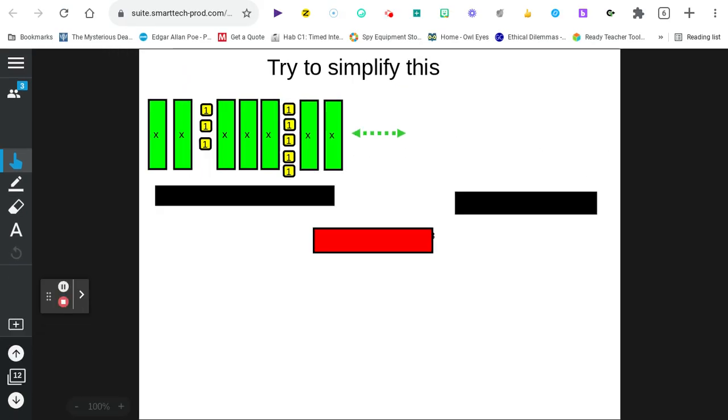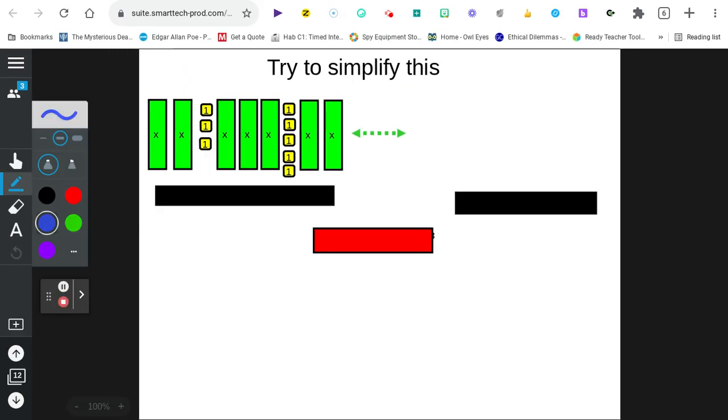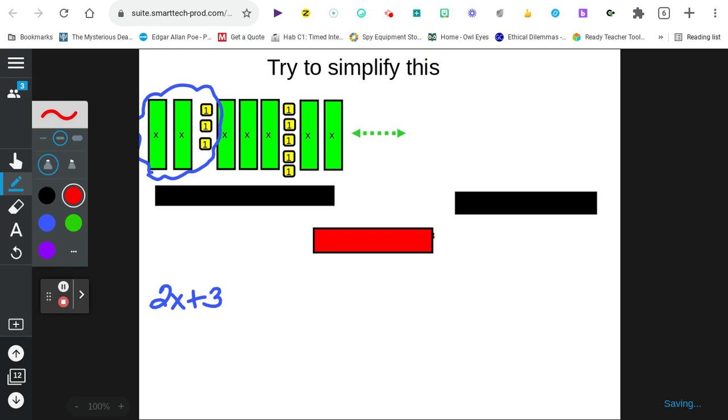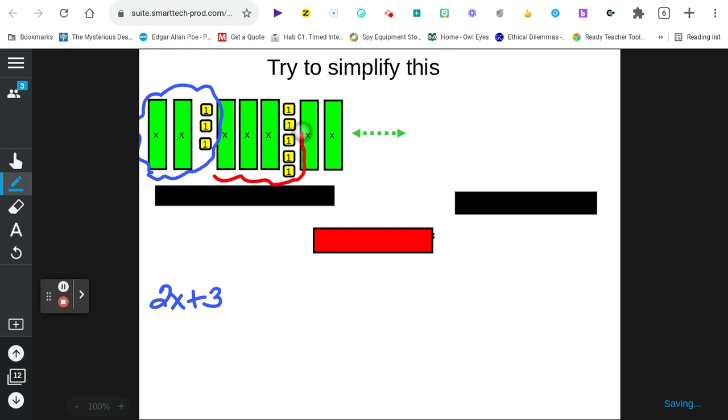All right, on the next slide, take a look at the first set of constants and coefficients, or x tiles you have. That represents 2x plus 3. The next set is simply 3x plus 1, 2, 3, 4, 5.